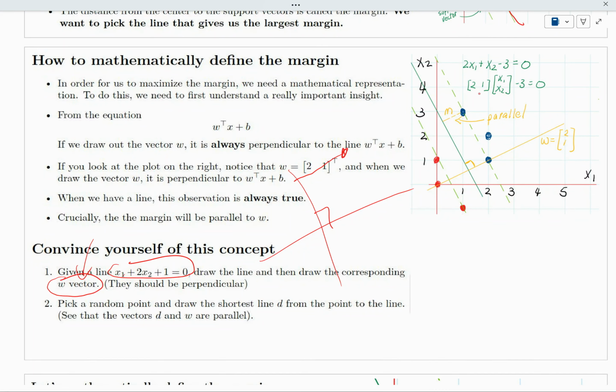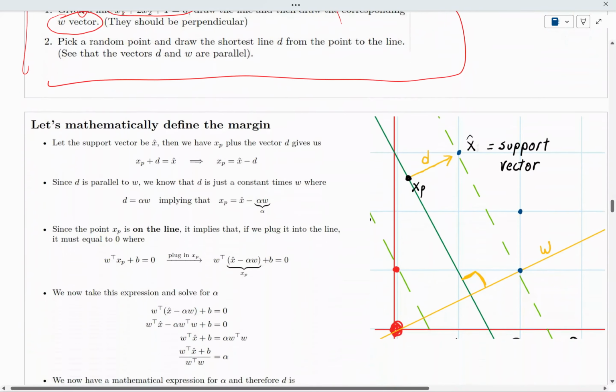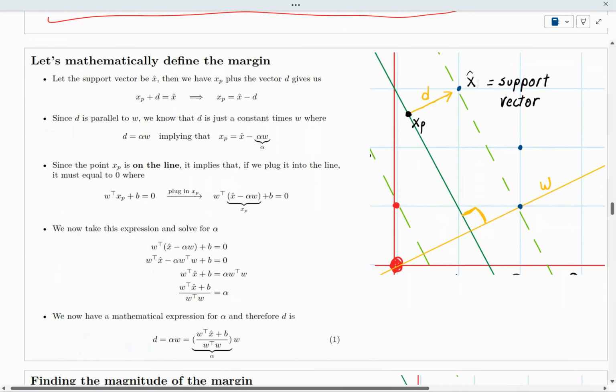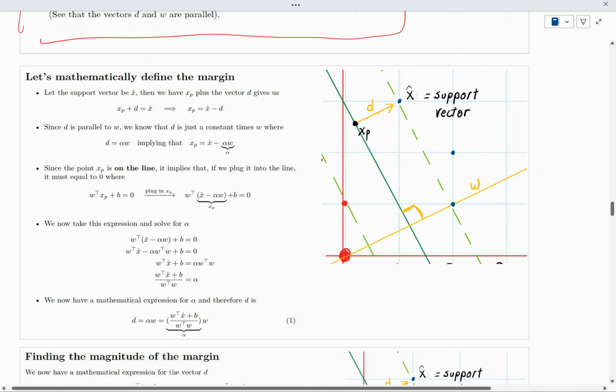If you pick any point and you draw the shortest line to the line, it will be parallel to W. Not perpendicular, sorry, parallel to W. So pause the video again, try to convince yourself of this fact, and then we'll go on. All right, now if you understood what we went over, then we're ready to mathematically define the margin.